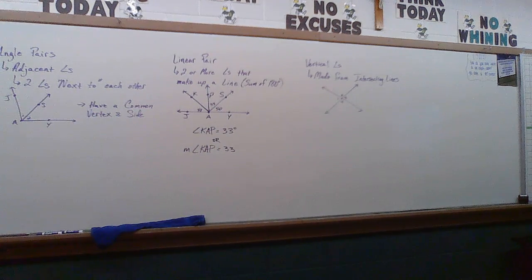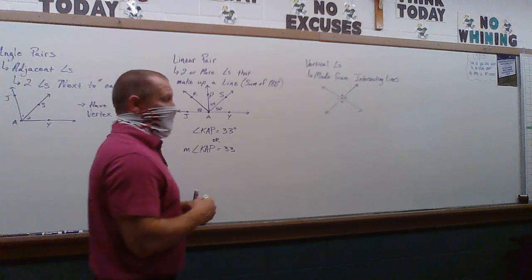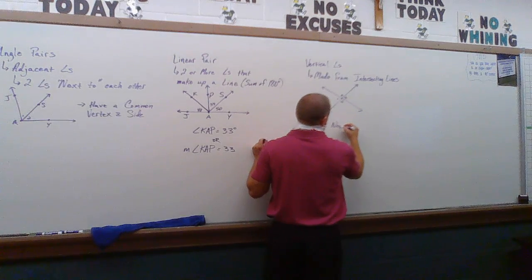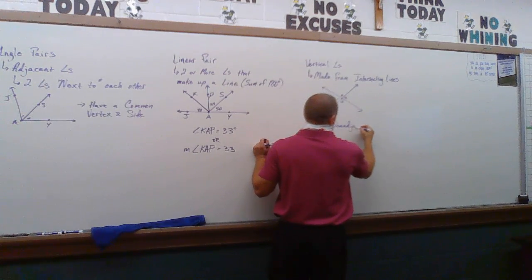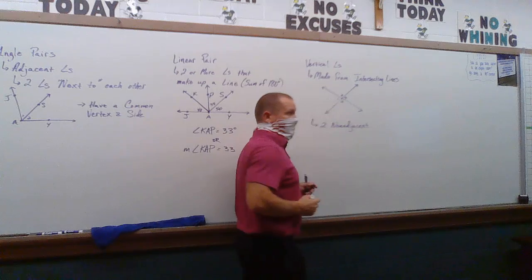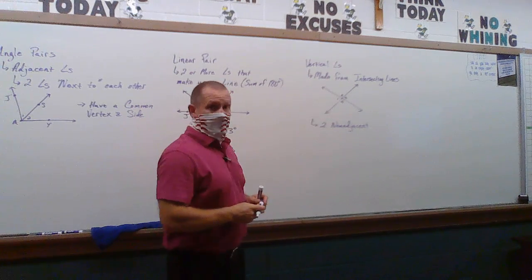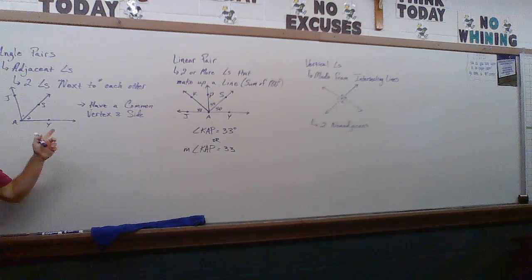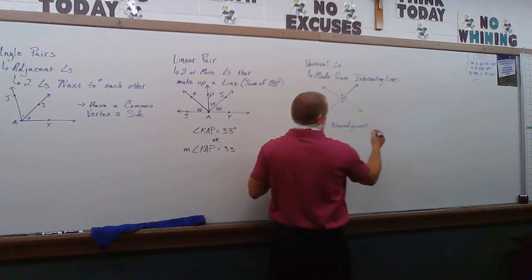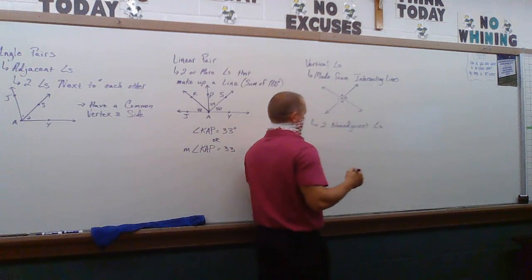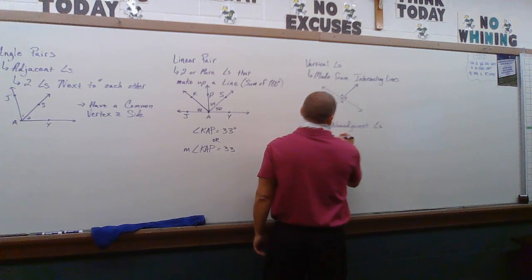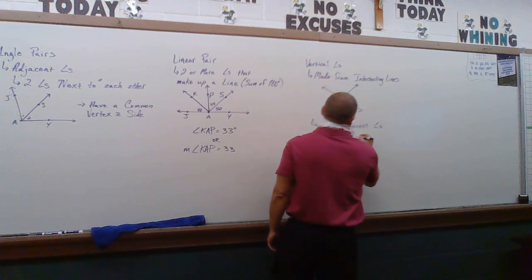So anytime that you have lines that cross, you're going to form vertical angles. These are going to be 2 non-adjacent angles. So what don't they do to each other? They don't touch, right? They're not right next to each other. So 2 non-adjacent angles, or basically angles that are across from each other.